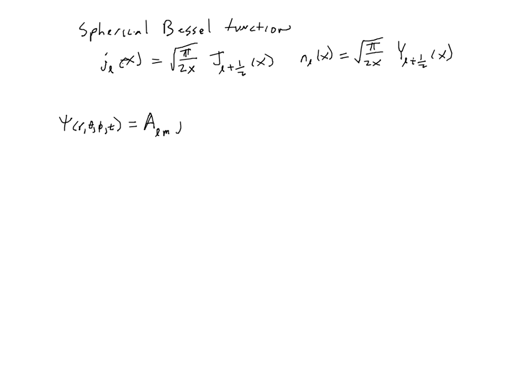Yeah, it's the coefficient of L and M times j sub L of kr, e to the plus or minus i omega t, e to the plus or minus i m phi, and then either a P Legendre polynomial or a Q. And which one you end up with probably depends on the boundary conditions.